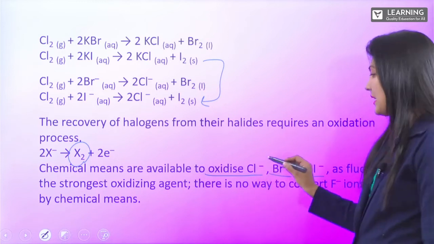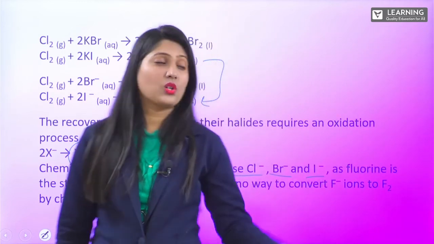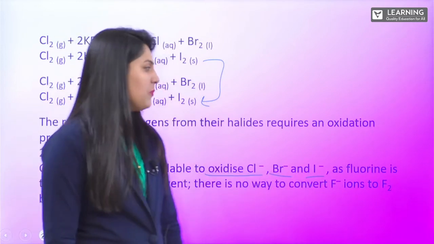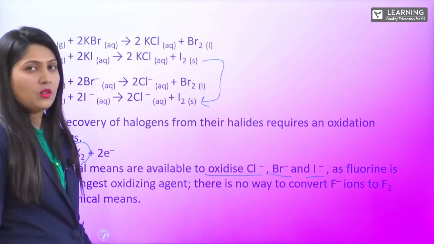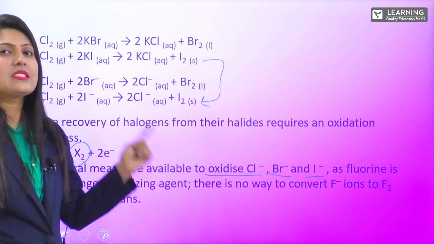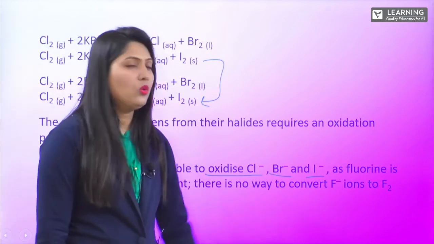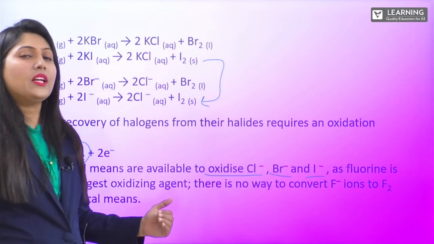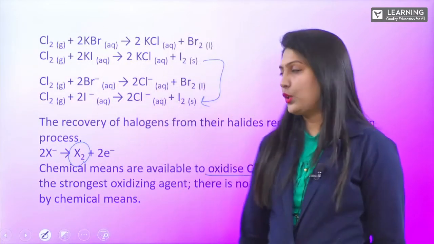So we don't say chlorine ion, bromine ion, iodine ion. Instead, we call them chloride, bromide and iodide. As fluorine is the strongest oxidizing agent, we need to remember that. There is no way to convert fluorine or fluoride ions into fluorine molecule. Got it?